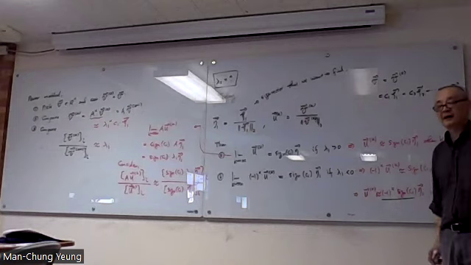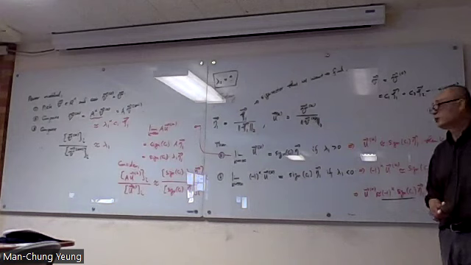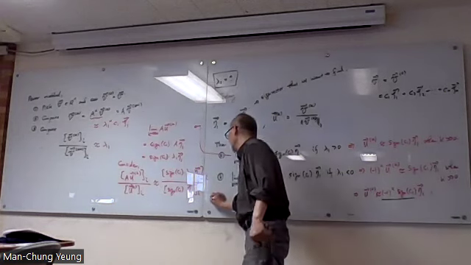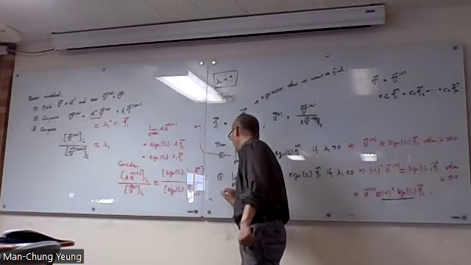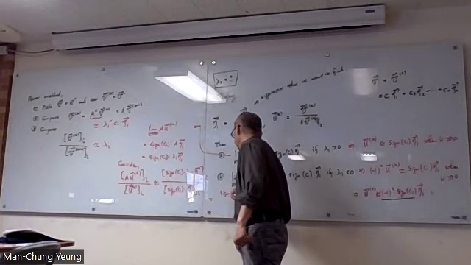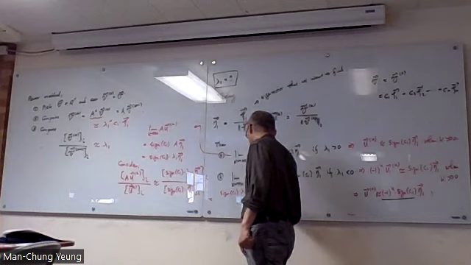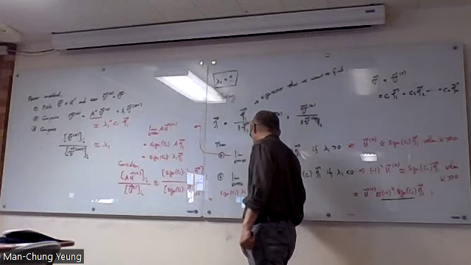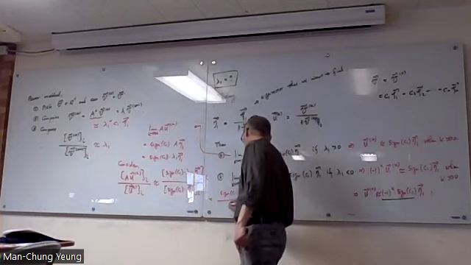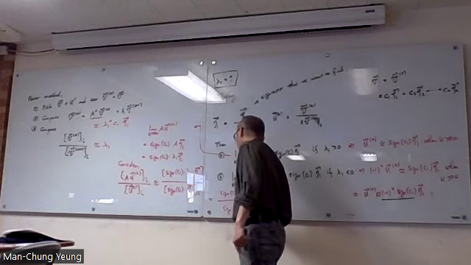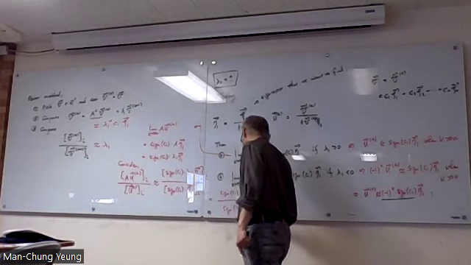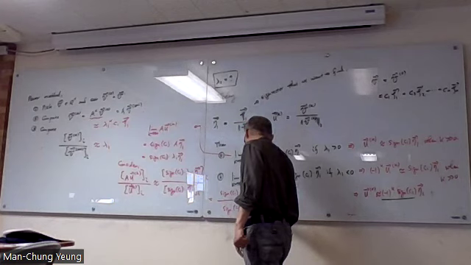A number times a vector, the ith entry, I can move the number up: sine C1 times lambda 1 times the ith entry of eta 1, over sine C1 times the ith entry of eta 1.